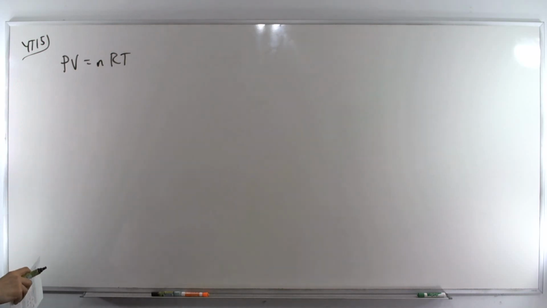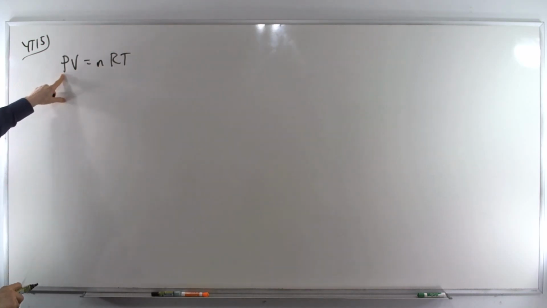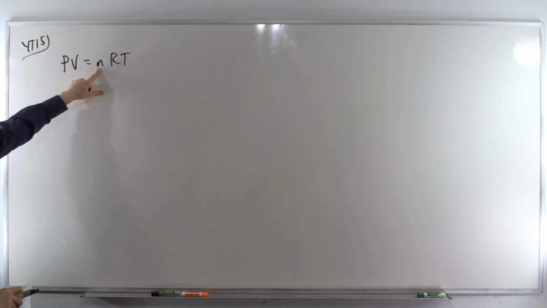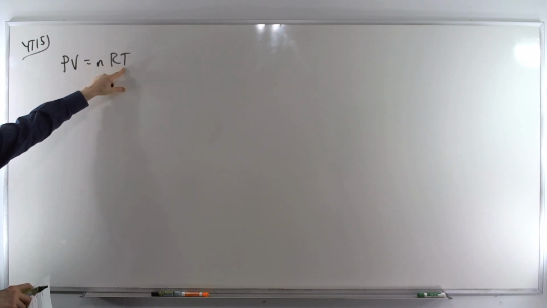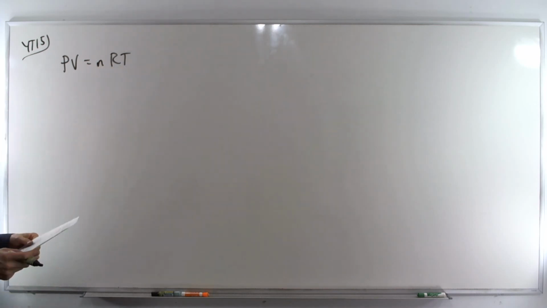Ideal gas law. It relates the pressure of a gas and its volume. n is the number of moles, which is just a count of the number of particles. R is a constant, and T is the temperature in Kelvin.